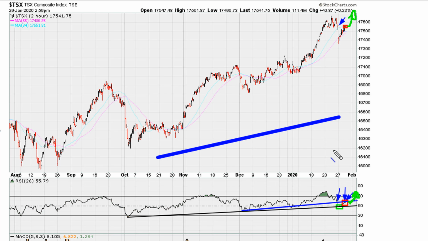In other words, let's explain this. So this is the line, and what I'm saying is the market has come all the way back and is showing signs of resistance on this line.